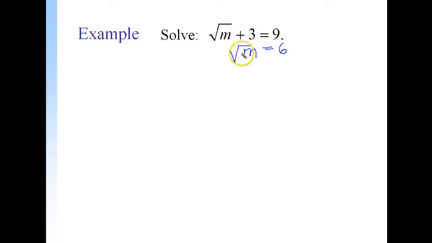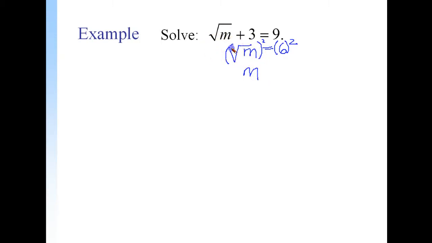Now, to get rid of the radical sign, the technique is whatever index number is there, which is a 2, since it's not written, we raise that to that power. So this then becomes the square root of m squared, which is m.